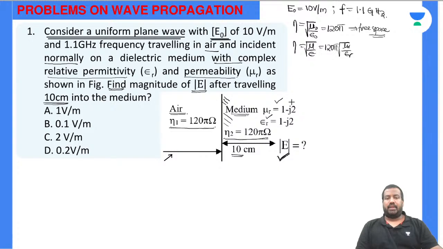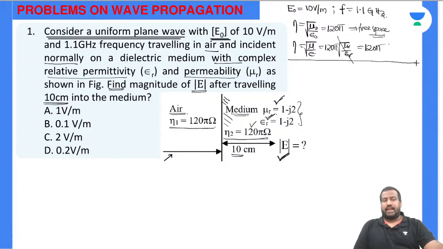But here not only are mu r and epsilon r complex, but they are equal. That's why they get cancelled out and you get 120 pi. If you are getting confused here, you will think that eta 2 is wrong, that the data given is wrong, but that is not the case here. Yes, it will be 120 pi again, because mu r and epsilon r are the same. Got the logic? This eta logic is done.